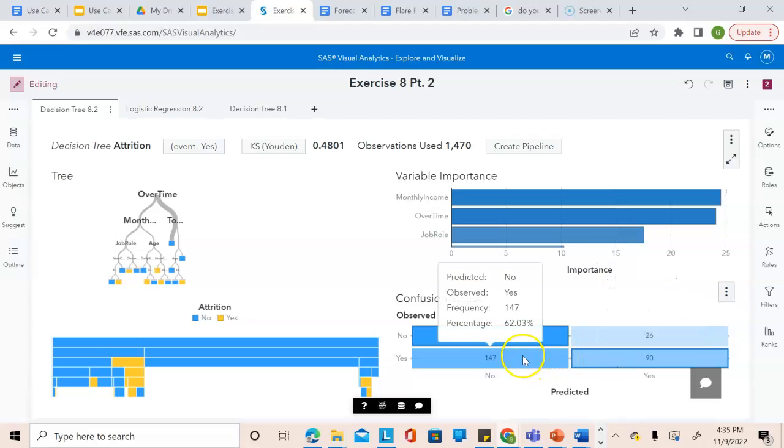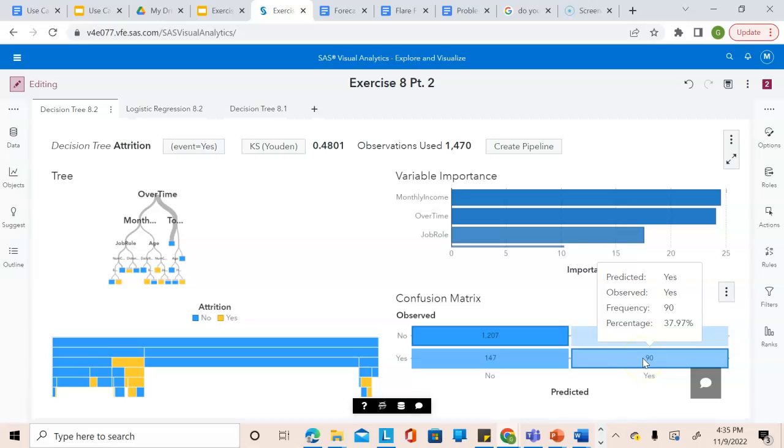So overall, this did a pretty good job, because when looking at what was observed and matched up with the predicted, we see when it was no and no, it's almost at 100%, so that was a really good predictor. And when it was a yes and yes, it was about 40, which isn't great.